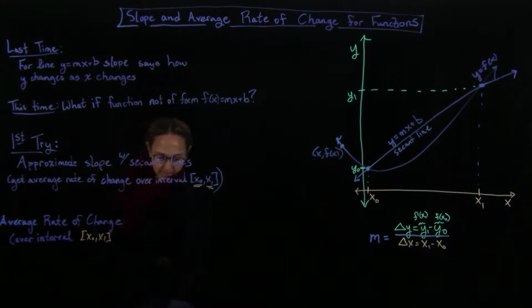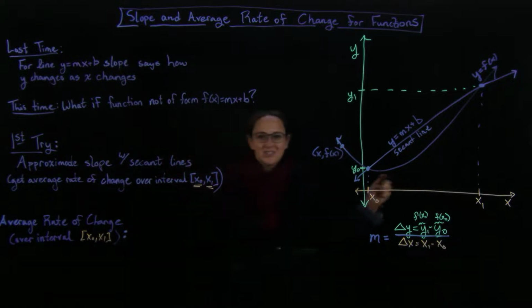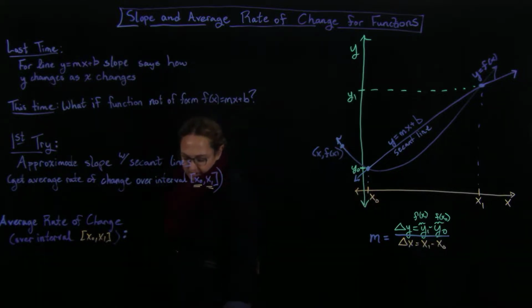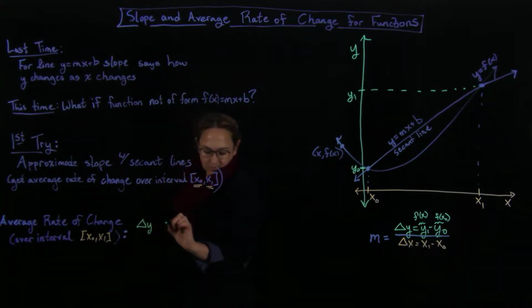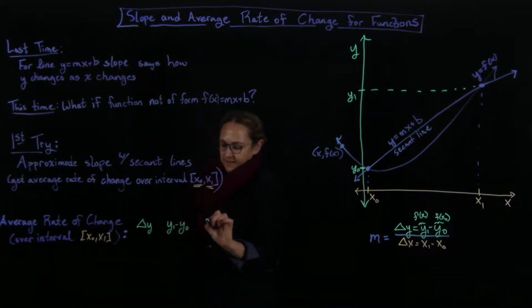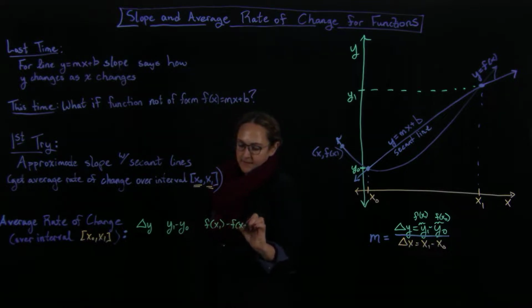The average rate of change over this interval is going to come from the slope. That's our rate of change. So it's this delta y, which is y1 minus y0, which is the same thing as f of x1 minus f of x0.